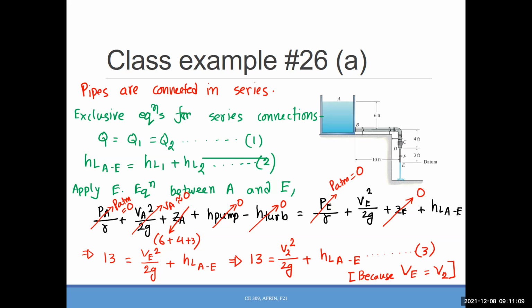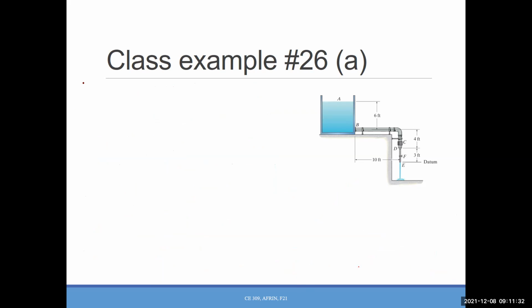Okay. Now look at here. We don't know the head loss at this point, but we know the relation for the head loss for each pipe from equation 2. So why don't we use equation 2 in equation 3? That way we will know something. Okay, so let's start working on that. Insert equation 2 into equation 3.